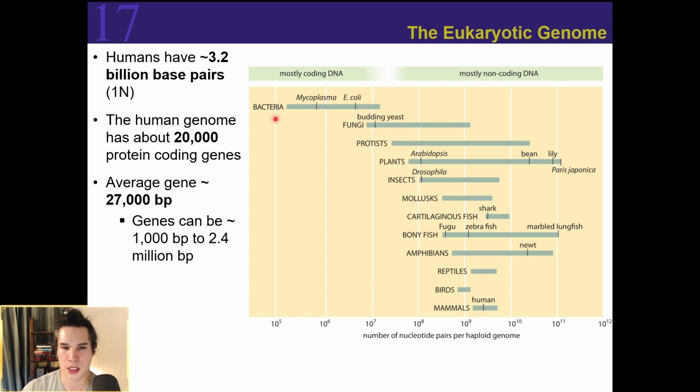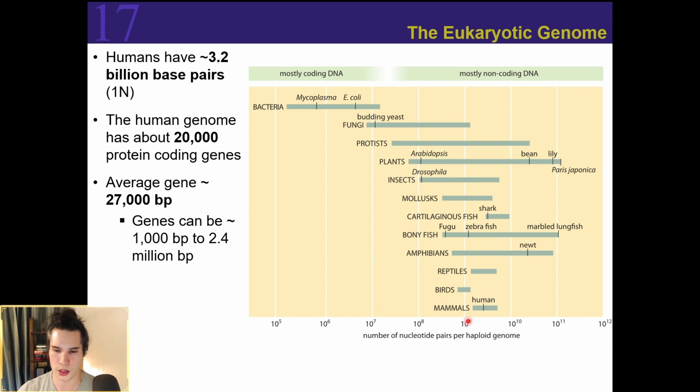So if we look at bacteria, for example, they're anywhere between about 10 to the 5th power and 10 to the 7th power in terms of the number of nucleotide pairs in their haploid genome. And when we look at our eukaryotic types, they're a little bit larger in genome size.